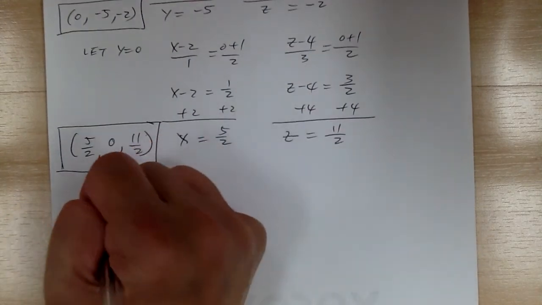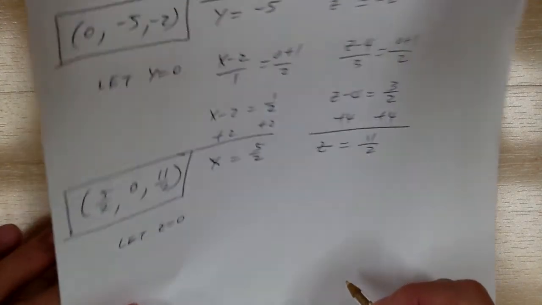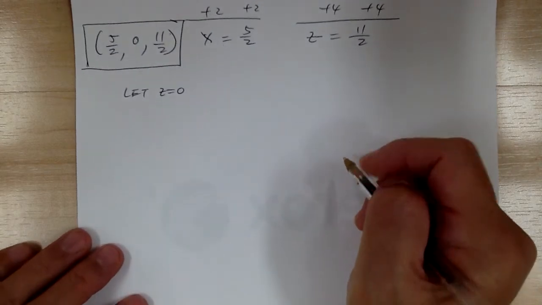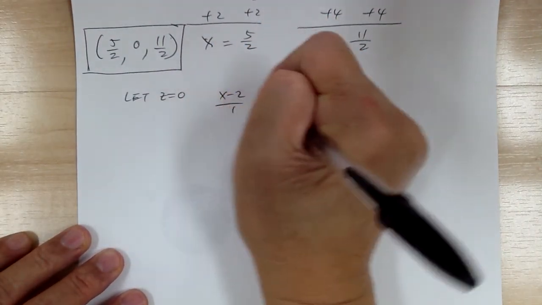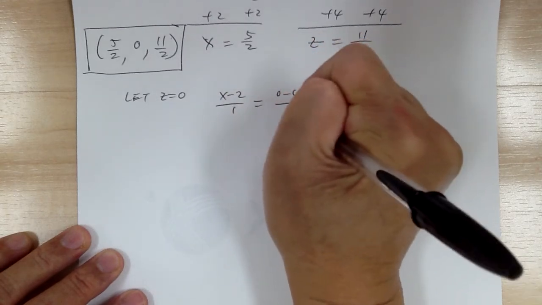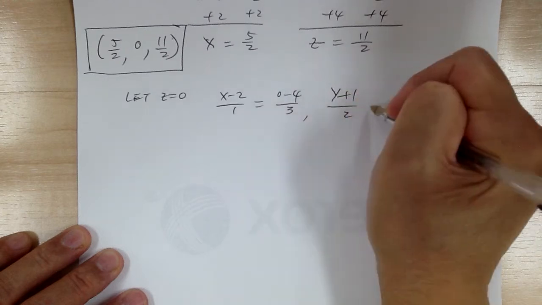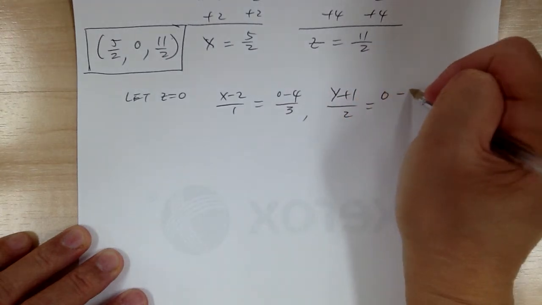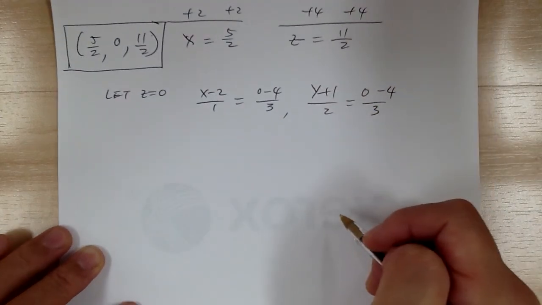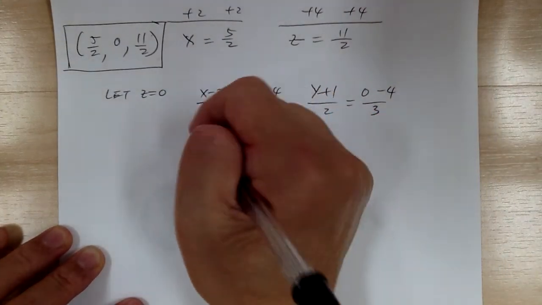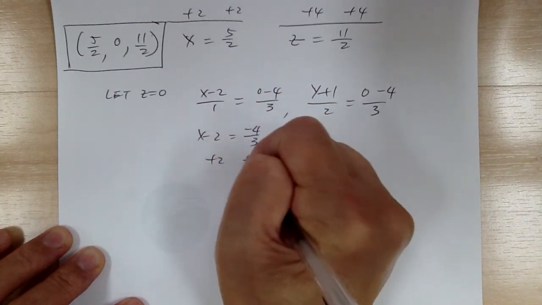Okay, now that's z equal to 0. So you're going to get x minus 2 over 1 equal to 0 minus 4 over 3. And you're going to get y plus 1 over 2 equal to 0 minus 4 over 3. Okay, cross multiply, and plus 2 on each side.